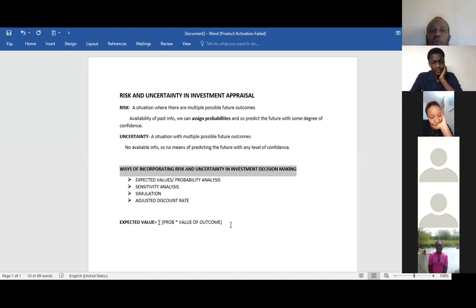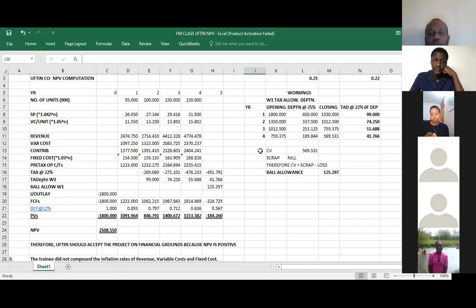Project variables will be things like selling price, variable cost, fixed cost. So if we look back, I don't know if my screen is showing, number of units is a project variable, selling price, variable cost, fixed cost, initial outlay, and our discount rate. All of these are project variables.